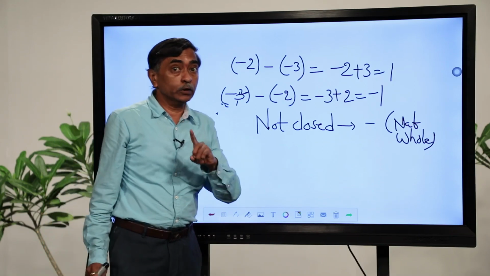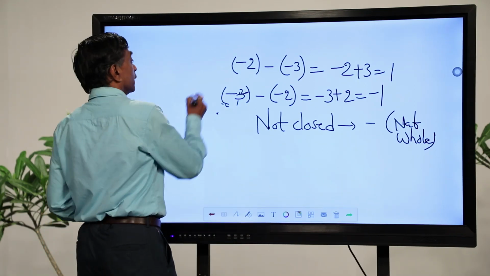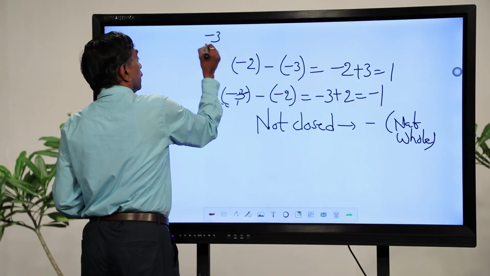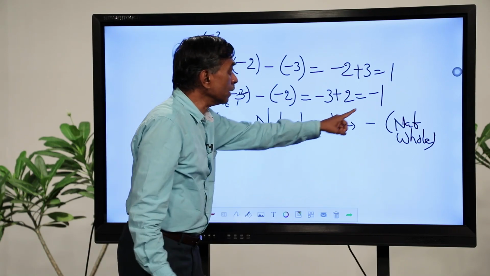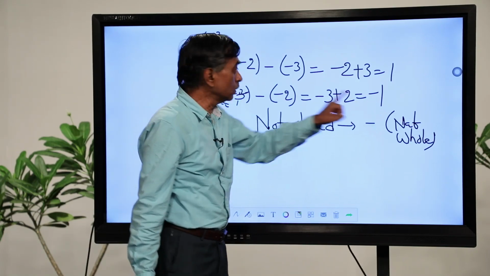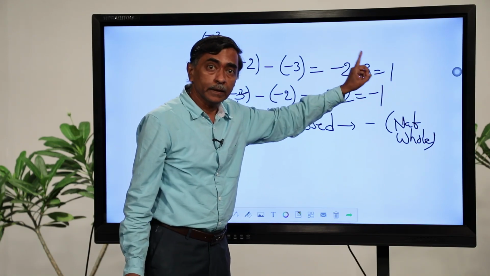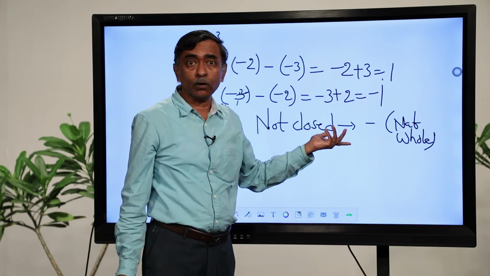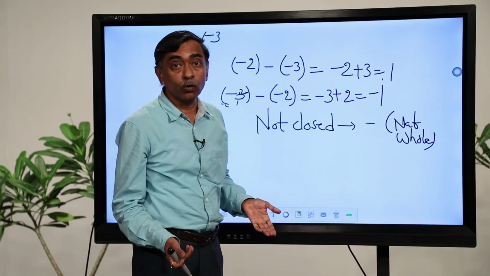But the collection of integers is definitely closed under subtraction. The collection of integers, that is minus 3 minus of minus 2, how much you are getting here? Minus 1, it is an integer. Minus 2 minus of minus 3, you are getting 1 here, it is again an integer, it is closed under that operation, but still the commutative property does not hold there.